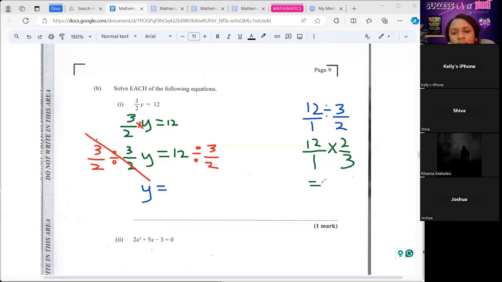And you get the answer. 3 into 3 is 1, 3 into 12, 4 3s are 12. 4 2s are 8, over 1 by 1 is 1. And we know 8 over 1 is a whole number, right? Any number that has a denominator of 1 is a whole number. So y is equal to 8.